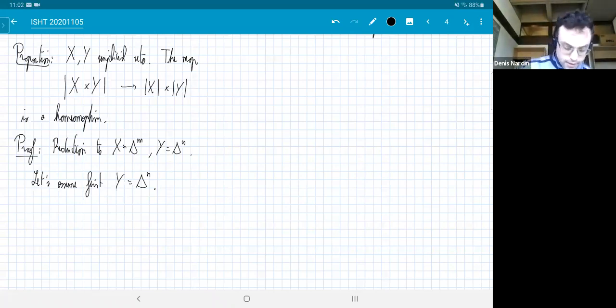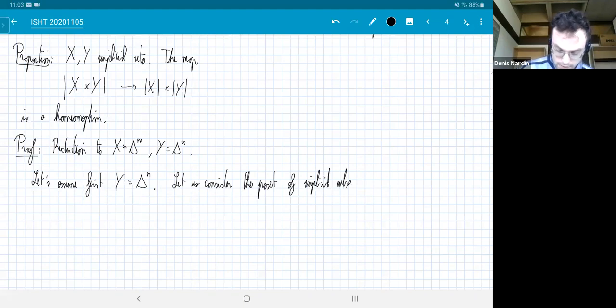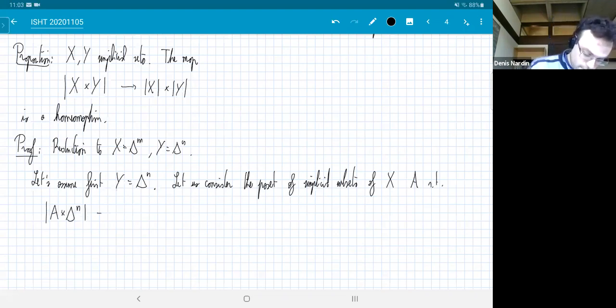So let us consider the poset of simplicial subsets A of X such that this map is a homeomorphism.